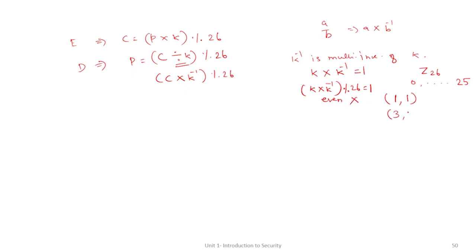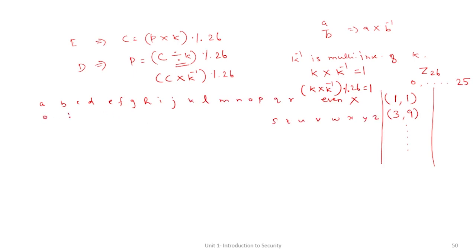And for 3, 3 nines are 27. So 27 mod 26 is 1. Like that, we should be able to find the multiplicative inverse list in Z26. So we can use it. For example, if you take the same notations, here I am writing the value and its number.